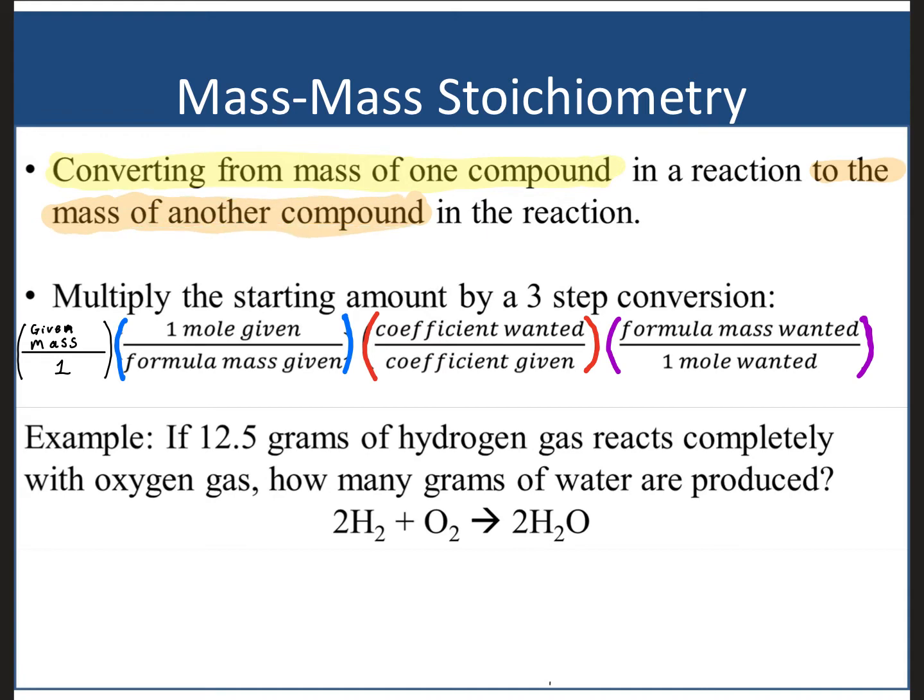In this case, we are starting out with some kind of given mass amount of one of the substances in the reaction, one of the compounds, one of the elements. And then from there, we need to do 3 different steps.